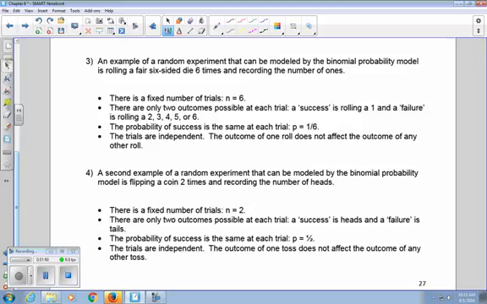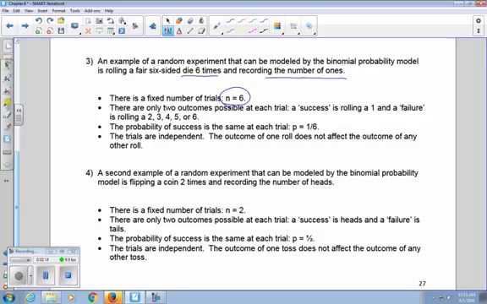Okay, so let's go through our requirements. There are a fixed number of trials. We said that we're rolling it 6 times, so n is equal to 6. There are only 2 outcomes possible at each trial. Notice that we're concerned about recording the number of ones we rolled. So there are only 2 outcomes.